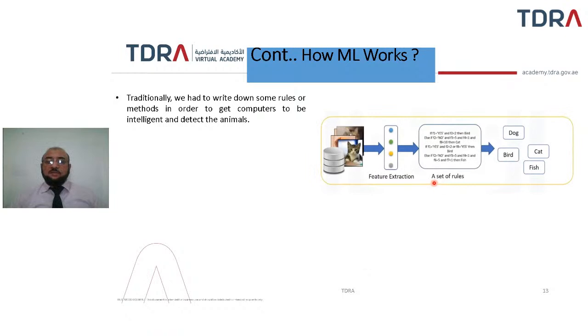Traditionally, we have a set of rules. For example, here there are different pictures of dog, bird, cat, and fish. When we feed a new picture of a cat to this system, it will run these rules and compare with the previous pictures, and then decide whether the fed picture is of a dog, bird, cat, or fish.